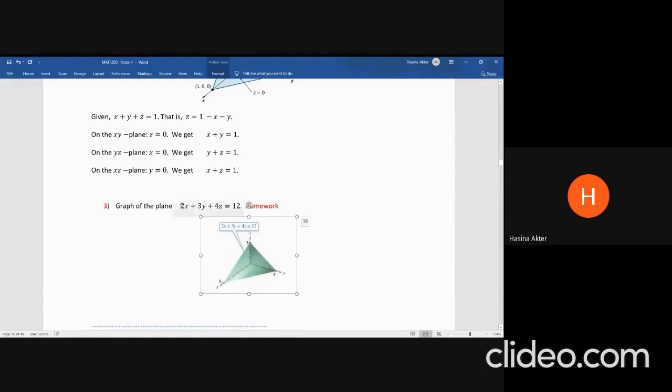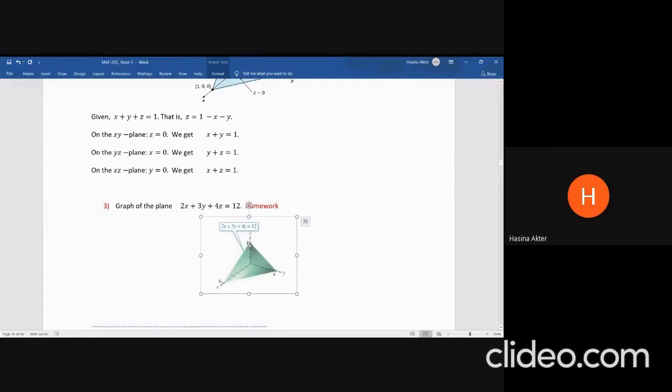So if we take x and y both 0, that means you are talking about the z-axis. So solve 4z equals 12, which means z equals 3. So on the z-axis, you have a single point. This plane does not intersect the negative z-axis. Remember that.